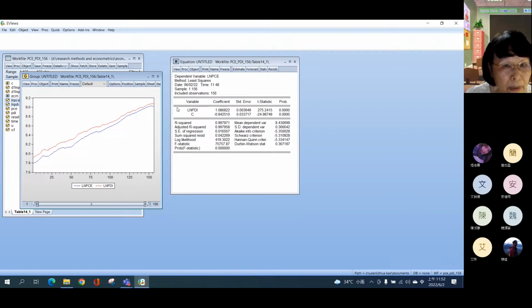Usually this coefficient is not over 1, meaning that if you have $1, you spend at most $1. If you increase PDI by 1%, you increase PCE by 1%. I think 1.0868 is pretty big.